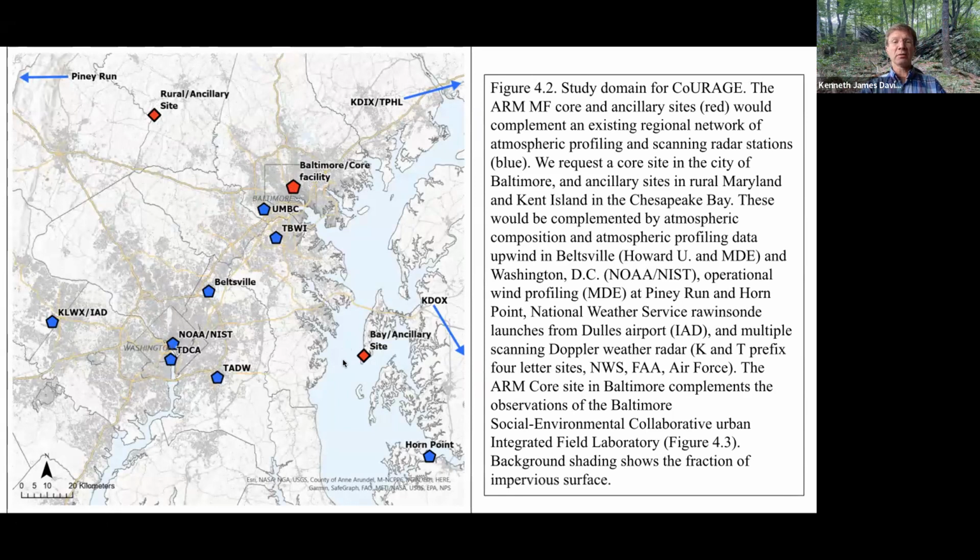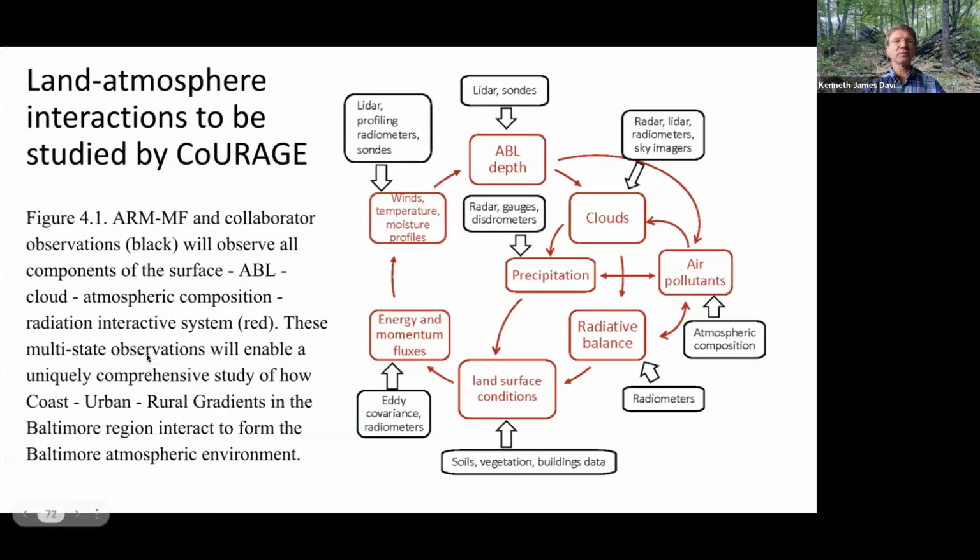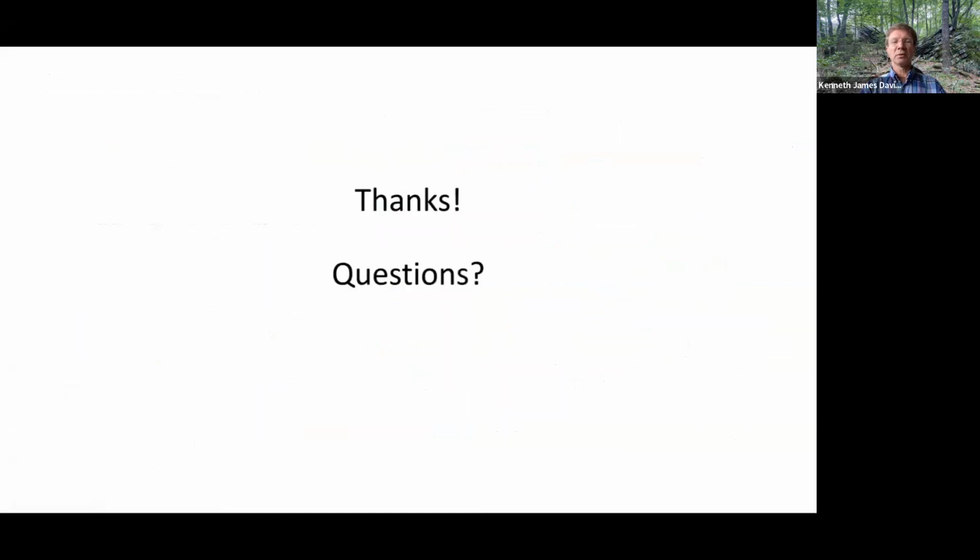We'd add another ancillary site in the Bay to get Bay conditions. And then we'll use Beltsville and DC measurements to get our potential urban upwind boundary conditions. So we've got Baltimore and all the neighbors measured pretty well with these sorts of properties. And that's the complicated figure we put in the proposal, which I won't walk you through. That's all of our story. Thank you.